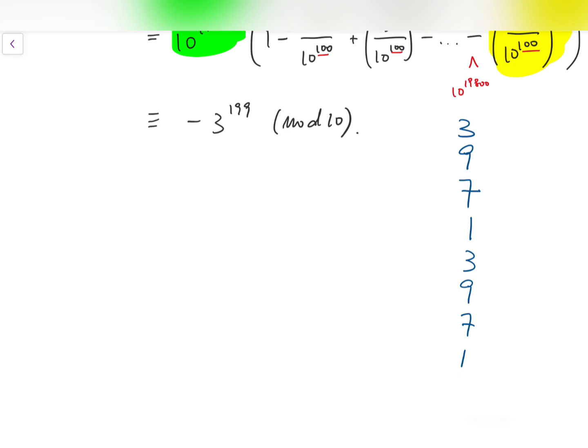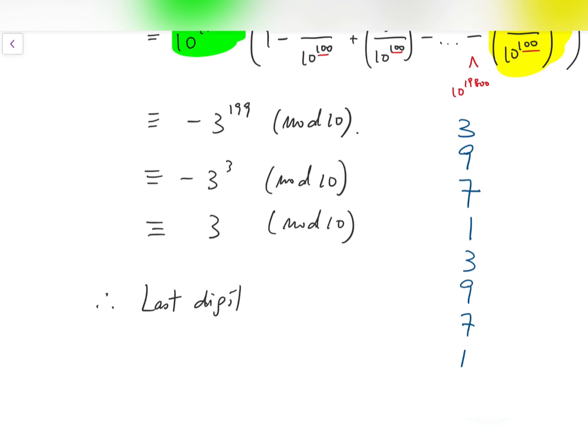And since 199 has remainder 3 when divided by 4, this power is congruent to minus 3 cubed mod 10. So minus 27, which means the last digit is 3. So now we have a final answer, which is 3.